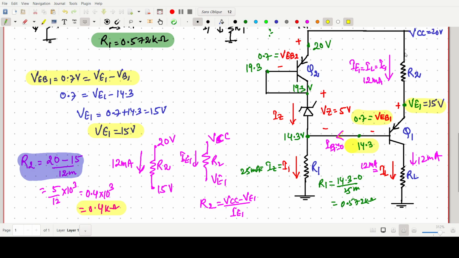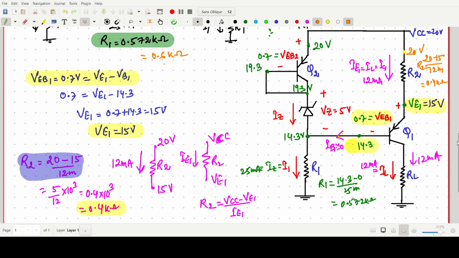Okay. Here we know now this voltage 20 volt, which is this value to 15. So 20 minus 15 divided by 12 milliampere. So R2 value is around 0.4 kilo, and this 0.572 can be 0.6 kilo ohm.